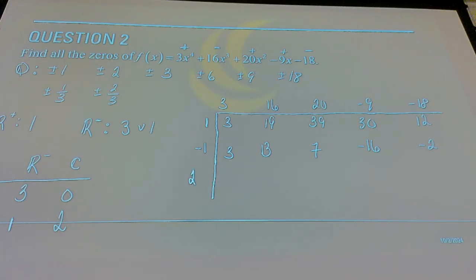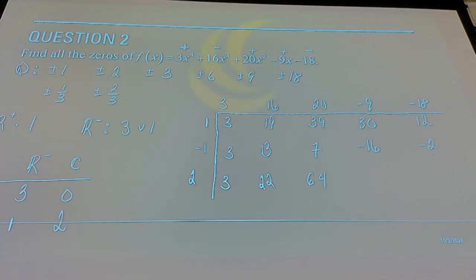Well, what about 2 then? Really hoping it's not a fraction. 3 times 2 plus 16 times 2 plus 20. Oh boy, this is getting off the rails.